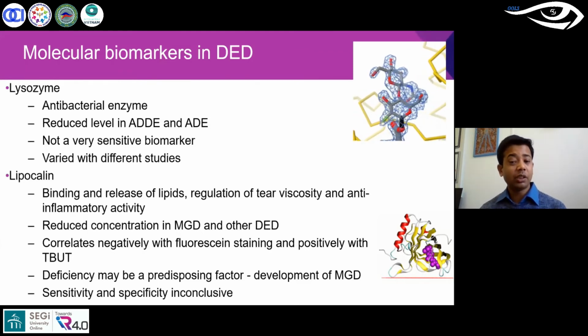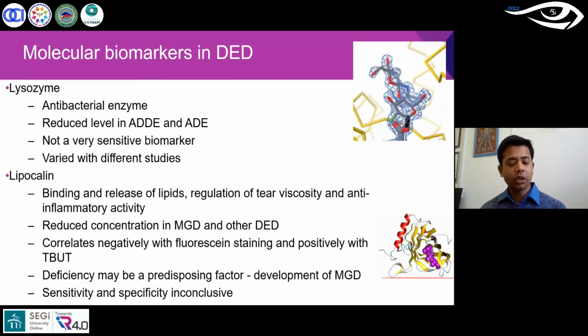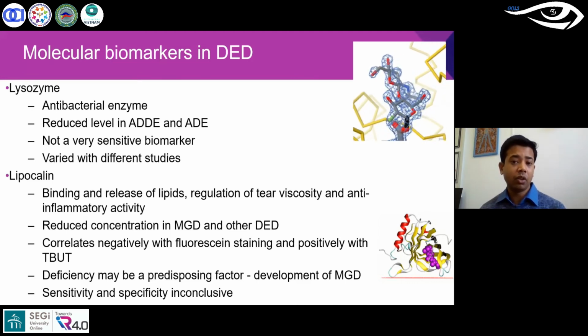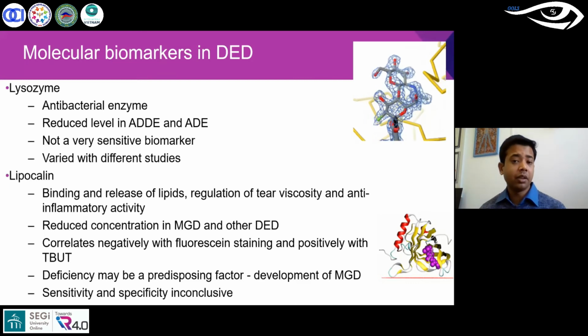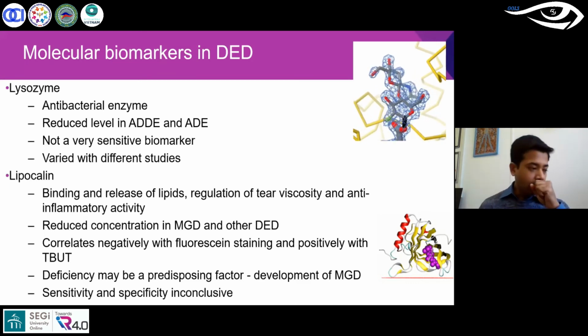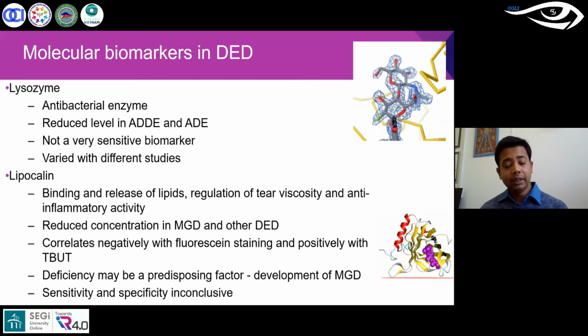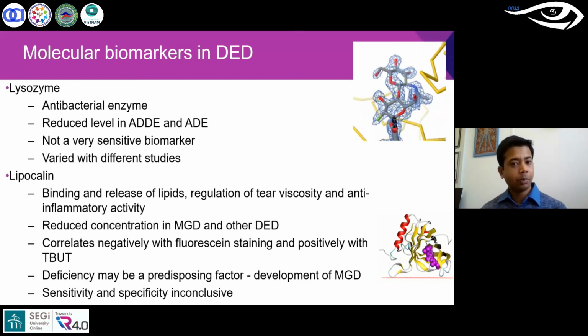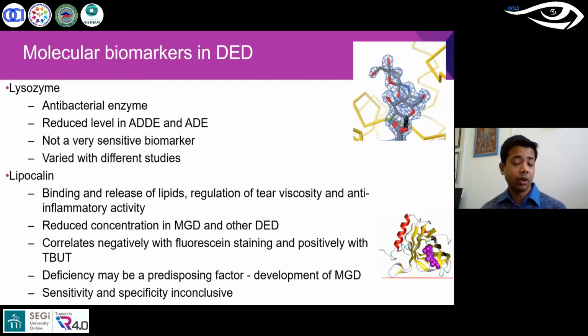But it does correlate positively with tear film break-up time. I mean, the results are not consistent in this. The deficiency may be a predisposing factor for the development of meibomian gland disease. The sensitivity and specificity for this particular protein is still inconclusive. So it's probably not the top candidate we're looking at for a biomarker.